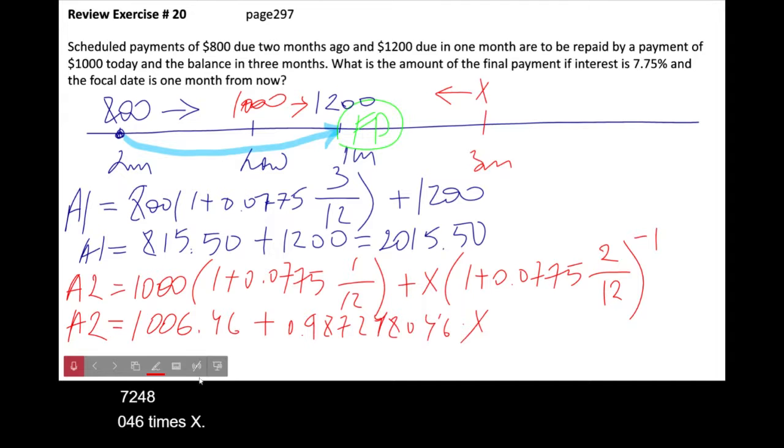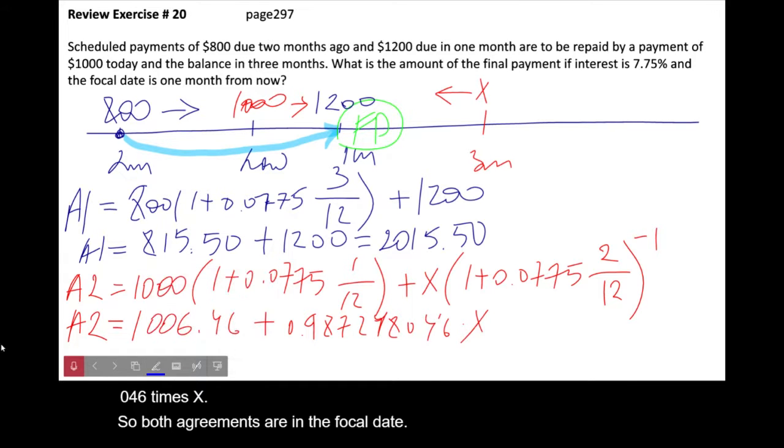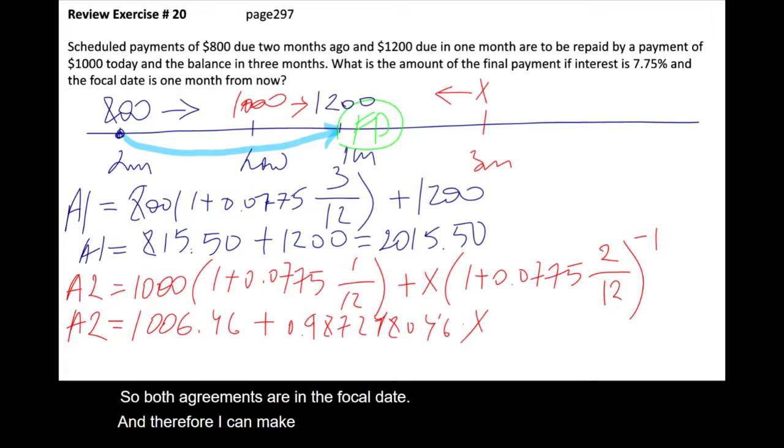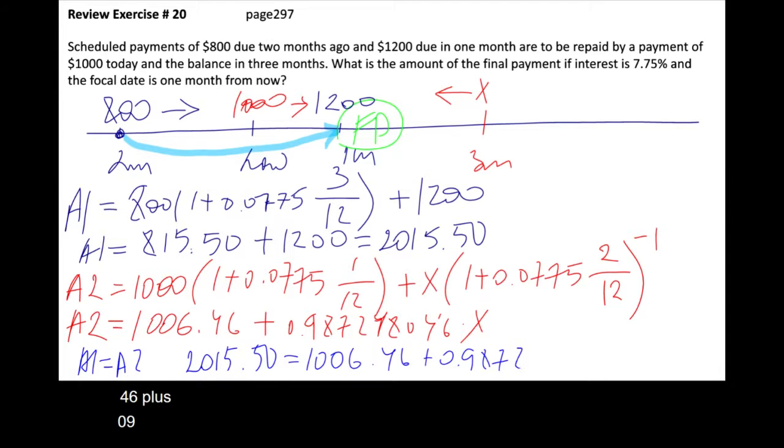So both agreements are in the focal date, and therefore I can make them equal. So A1 equals A2, meaning 2015.50 equals 1.0646 plus 0.987248 times x.